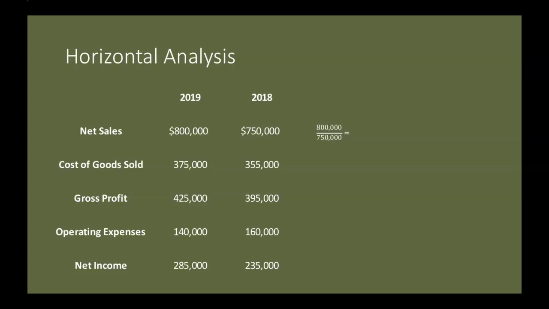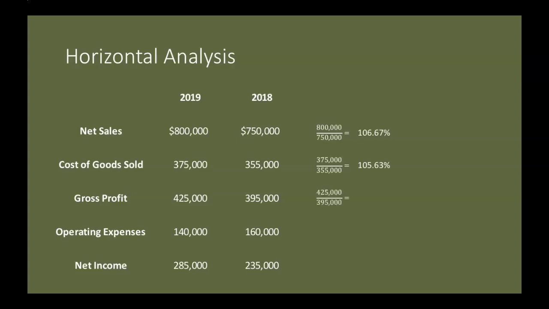So 800,000 divided by 750 gets you 106.67%. Now we're just going to keep doing this for each item. So cost of goods sold, 375 over 355, 105.63%.